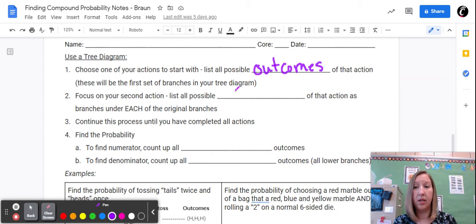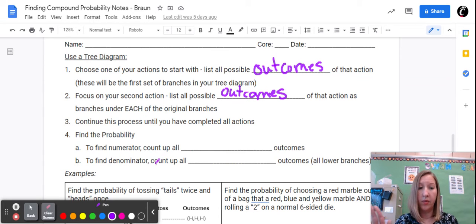The second thing we will do is focus on your second action. We're going to look at the second action and list all of those possible outcomes of that action, and those are going to be your branches under each of our original branches. So we start with our first outcome and it branches off to our second outcomes.